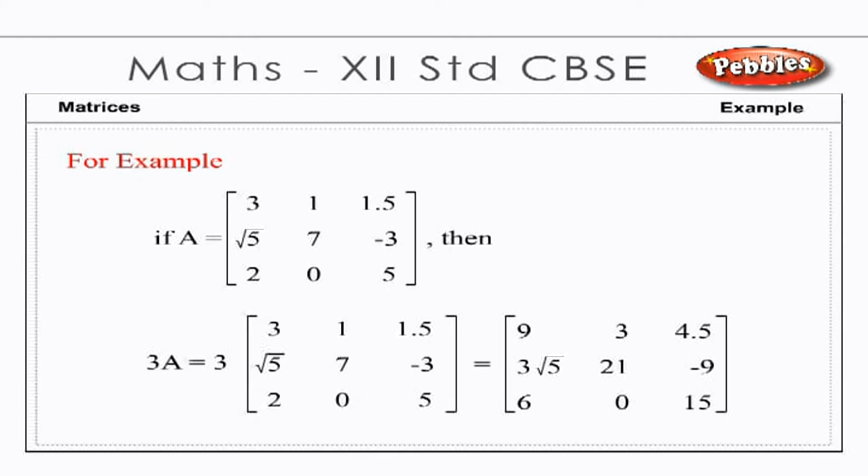For example, if A = [3, 1, 1.5; root 5, 7, minus 3; 2, 0, 5], then 3A is equal to 3 into the matrix [3, 1, 1.5; root 5, 7, minus 3; 2, 0, 5], which is [9, 3, 4.5; 3 root 5, 21, minus 9; 6, 0, 15].